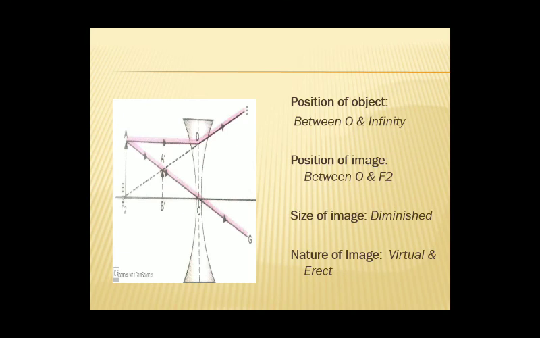Now the second case, the object is here, between O and infinity. Then first ray, first rule, parallel, it appears that the ray is diverging from F2, and one ray passes through the optical center. So what you are observing, the ray 1 as per rule 1, has a dotted line, so that is not the actual intersection, so it gives a virtual and erect image, and you can compare the size, which is the diminished image.